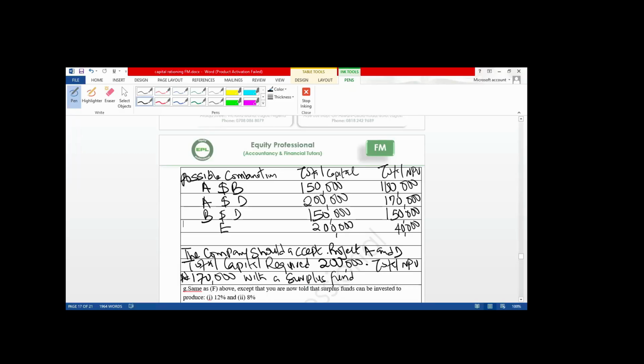Finance available 225. You are going to spend 200,000. What is your surplus fund?